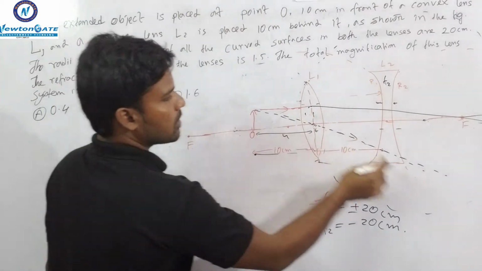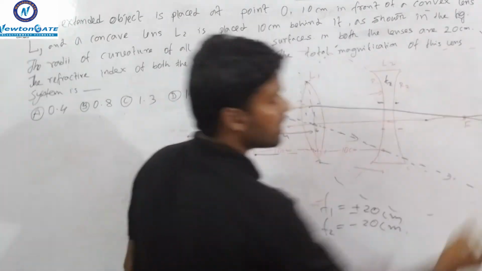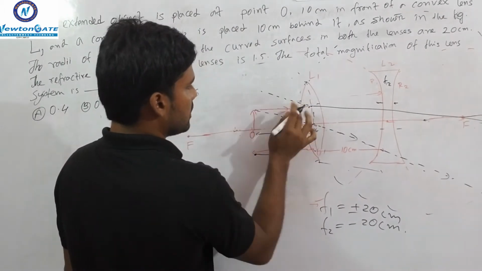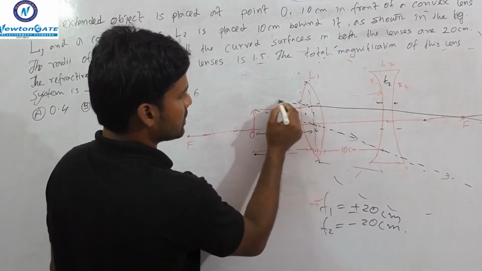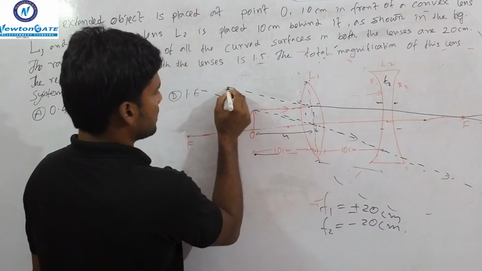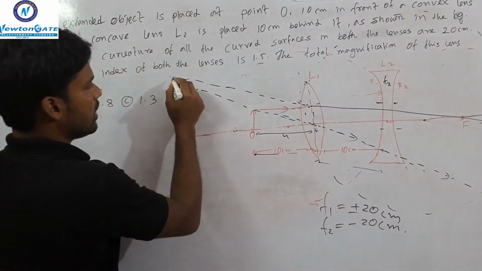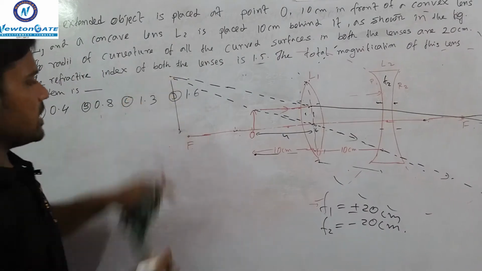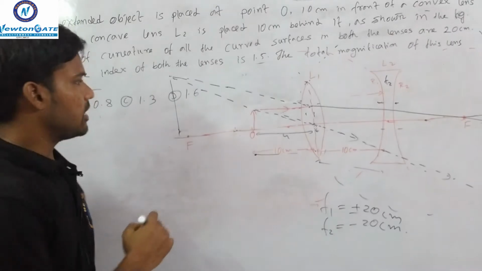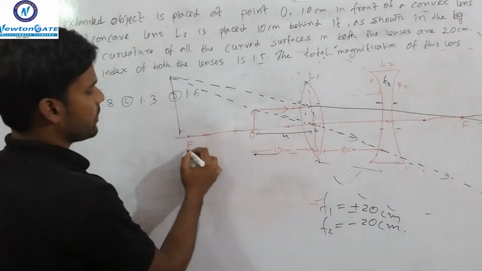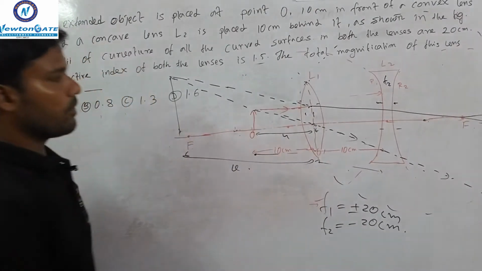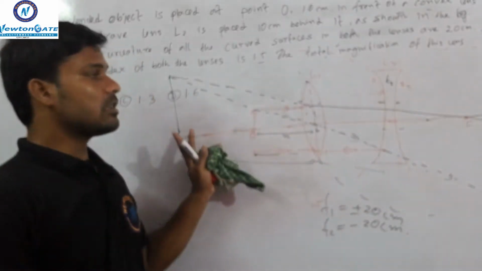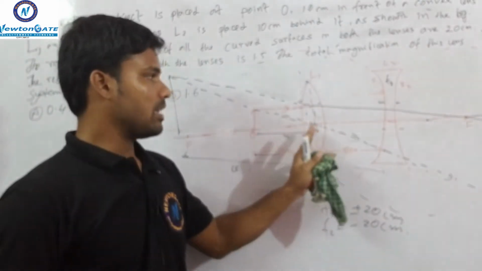Because these are divergent, these two lights never meet. So if I join them in the backward direction, we get the image like this. This is the virtual image, this is V, right? The diagram should be like this, but this is not the original diagram for this system.